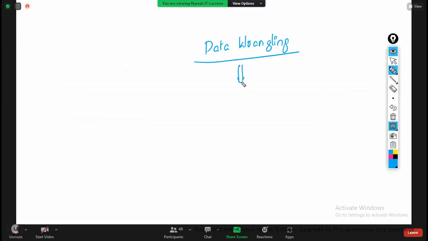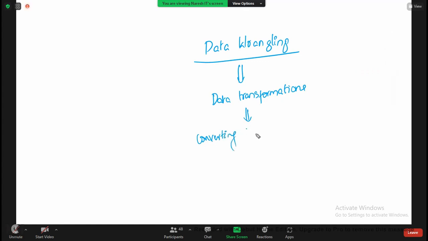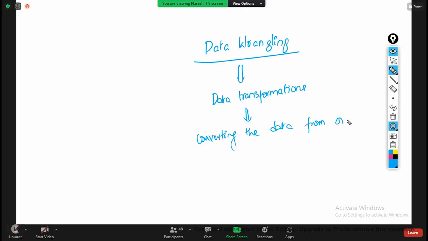Data wrangling is nothing but data transformation. Here you are converting the data from one format to another format.